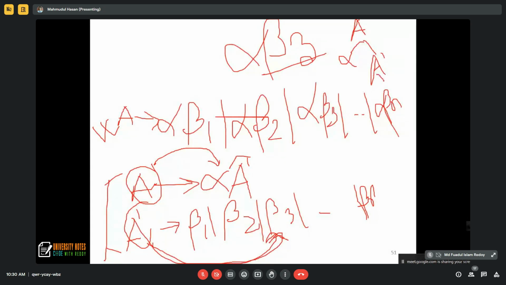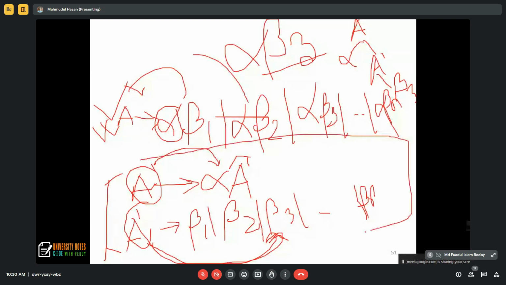There is no confusion. But in the original production rule, every place has alpha at first, so there is confusion about which one we should take. This type of problem is not present in the new production rules. So we can replace the original production rule with these to solve the common prefix problem.